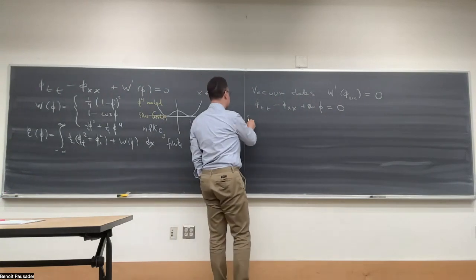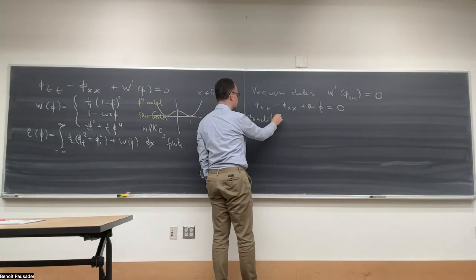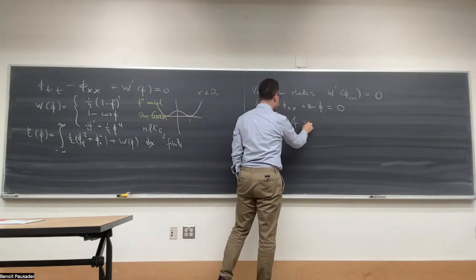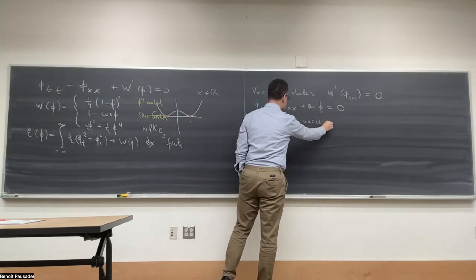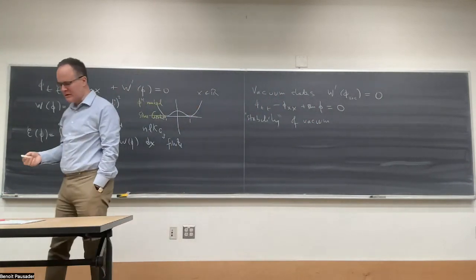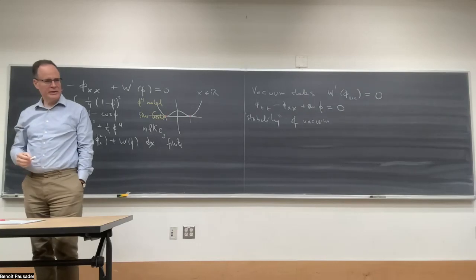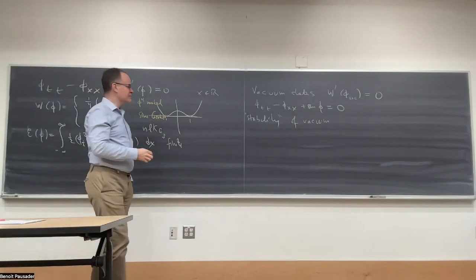So stability, whatever stability here means, of the vacuum. Now, of course, what intuitively it should mean is that if we start near 0, then we remain near 0. Let's see.